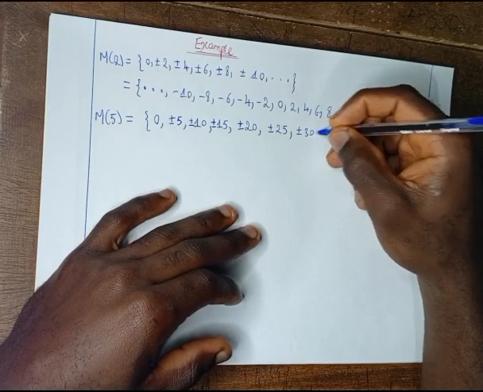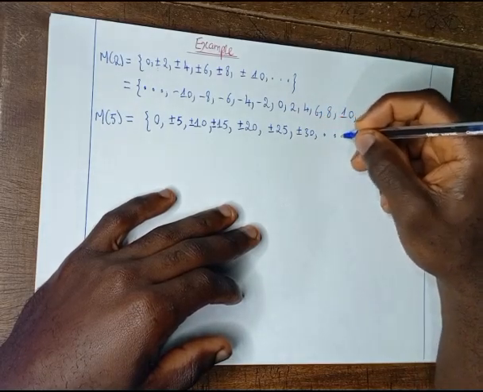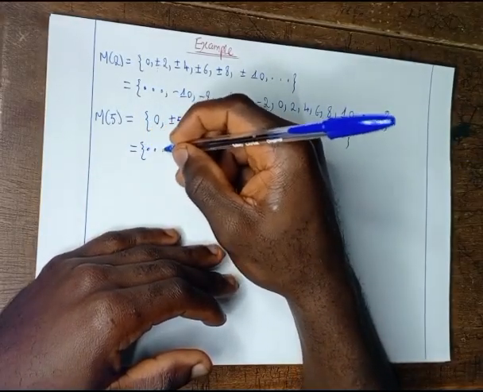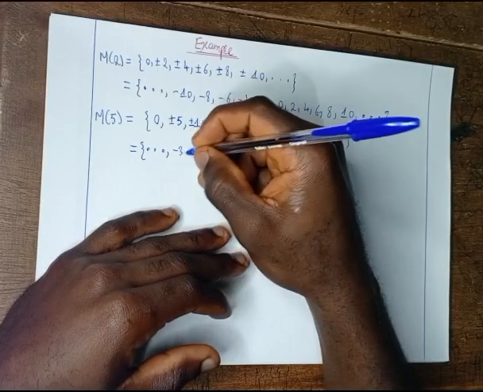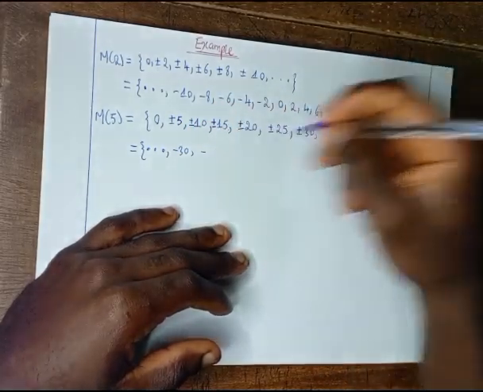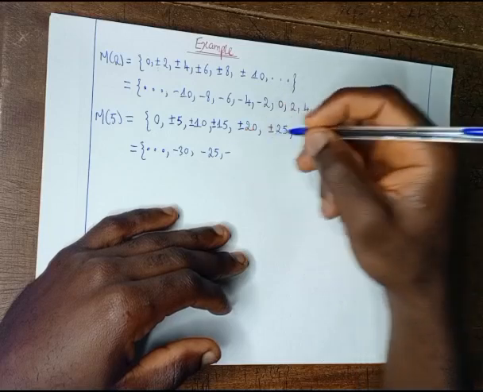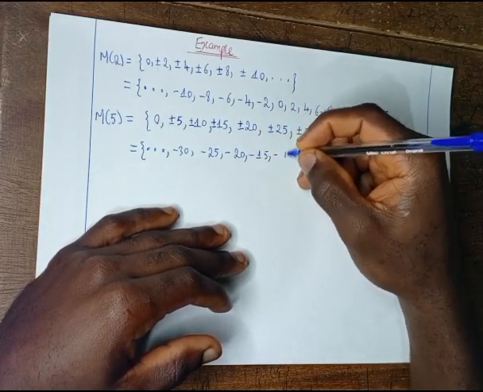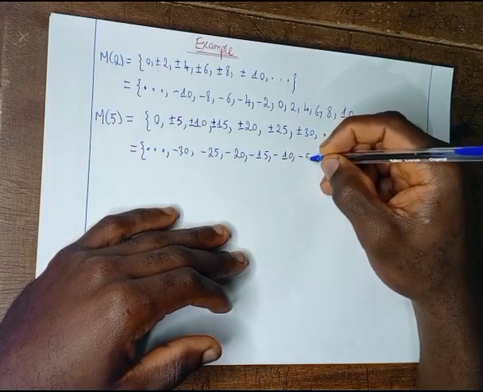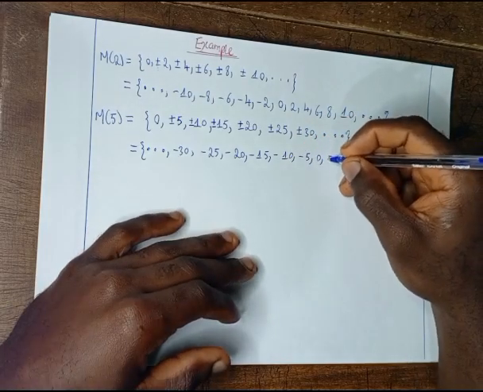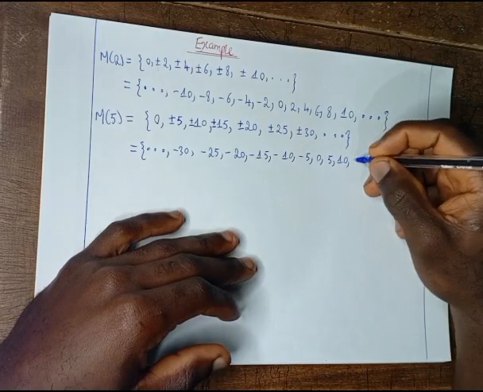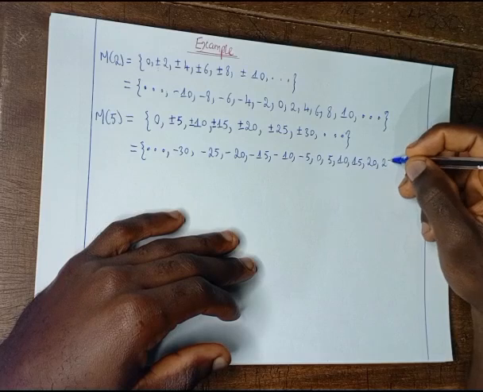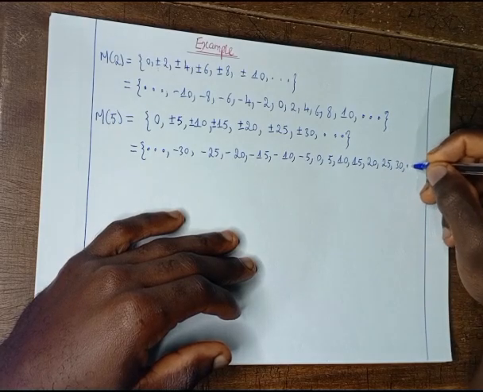We attach the plus or minus sign with 3 dots because it is an endless set. We write down negative 30, negative 25, negative 20, negative 15, negative 10, negative 5, 0, 5, 10, 15, 20, 25, 30, then we end with the 3 dots.